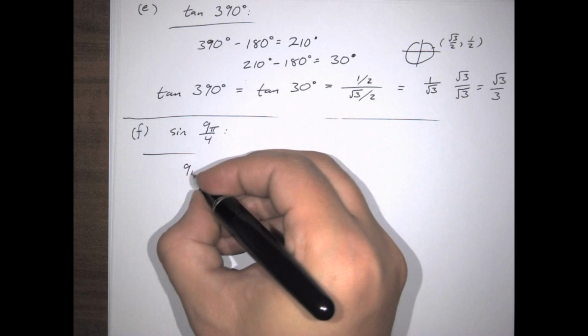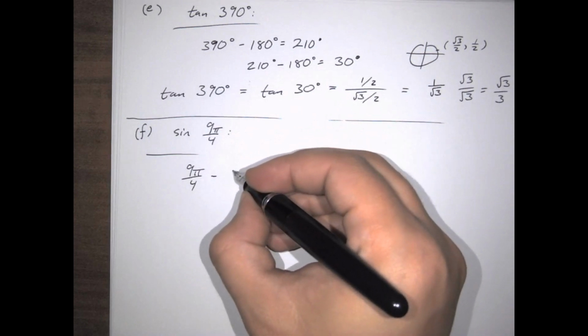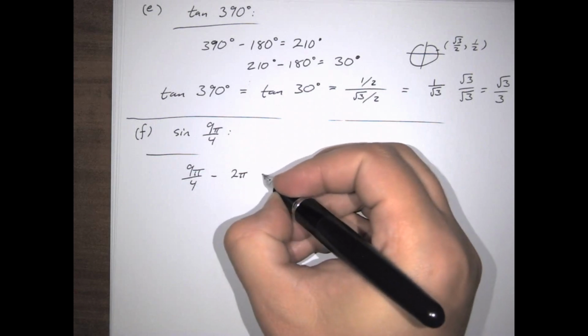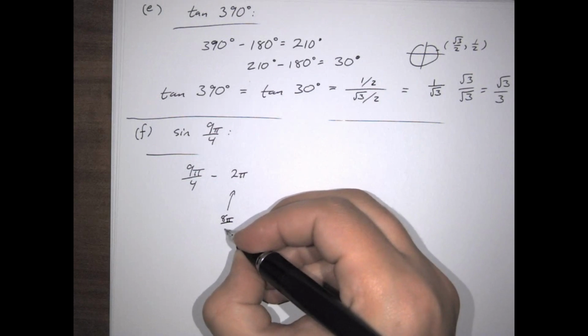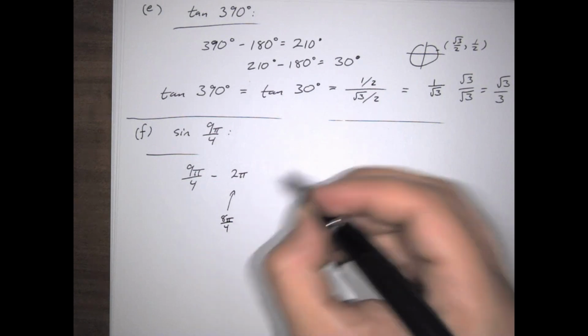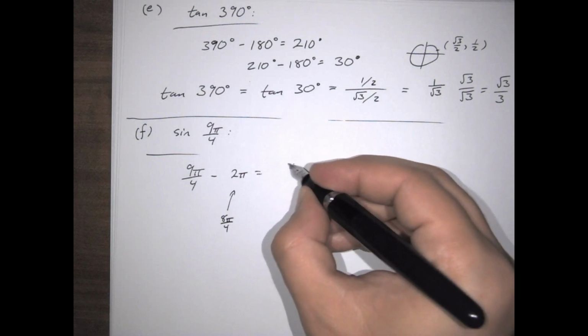So 9 pi over 4 minus 2 pi, in other words 8 pi over 4, is equal to just pi over 4.